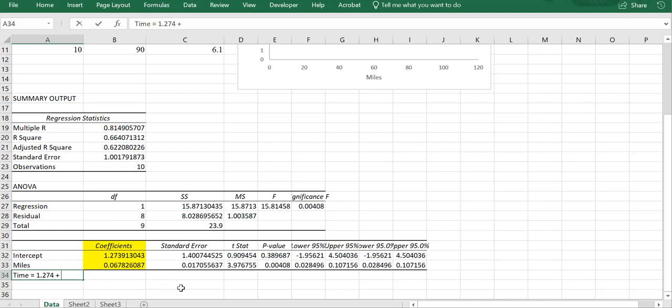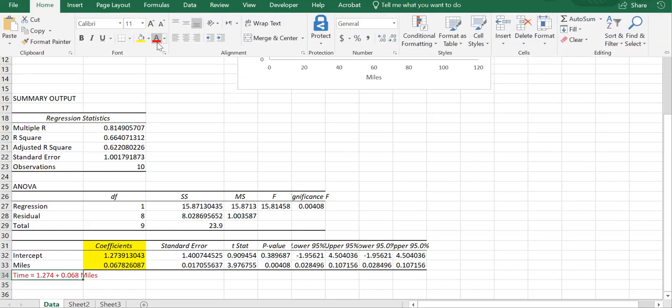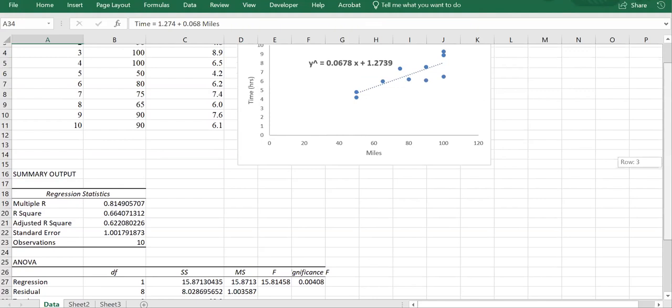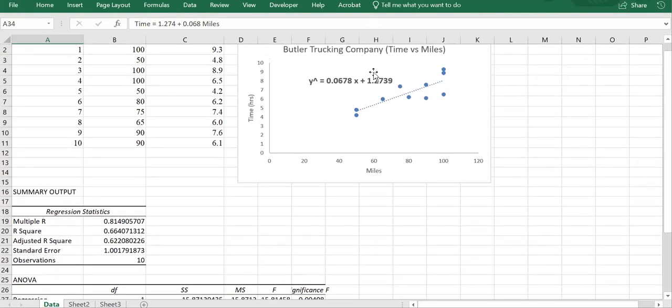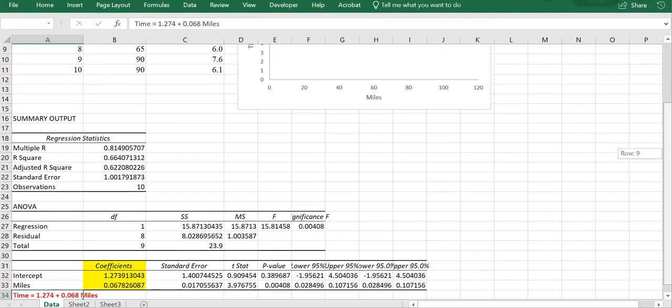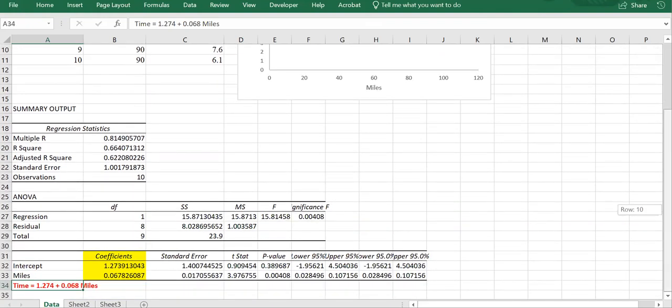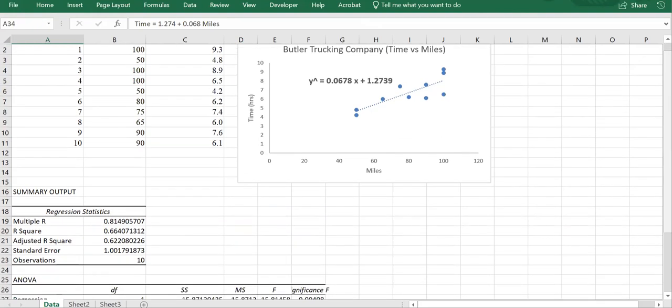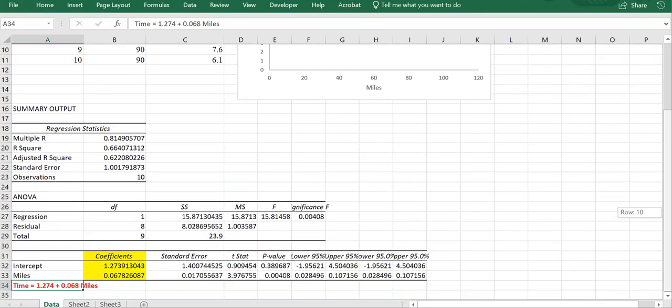The coefficient would be 0.068, just rounded, times miles. So that is the equation, and that is exactly the same as what we got before. I just rounded to 3 decimals, but in the graph we have it with 4 decimals. They're supposed to give you exactly the same line.